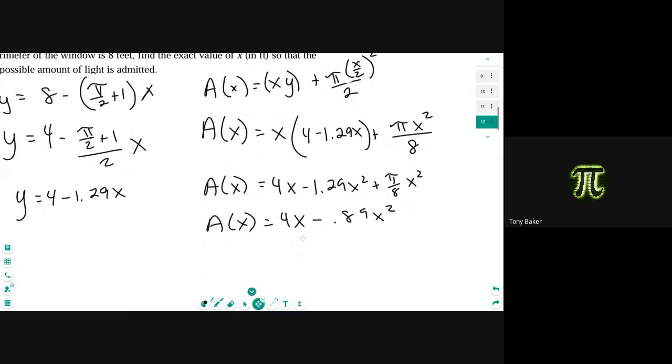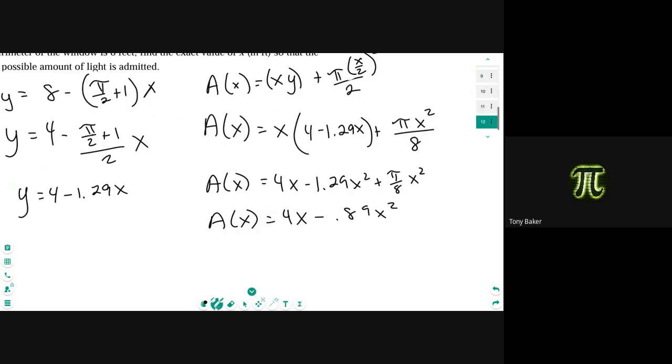All right. So now what do we do? Find the derivative. And set it to 0.